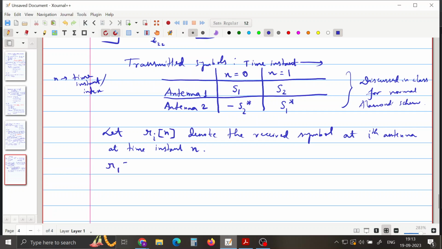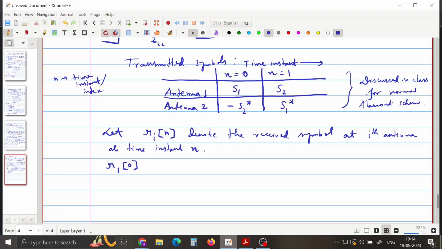So what will be my R1 of 0? R1 of 0 means the received symbol at the first receiving antenna at time instant 0, n equals 0. At the first time instant, what are you transmitting from the first antenna?